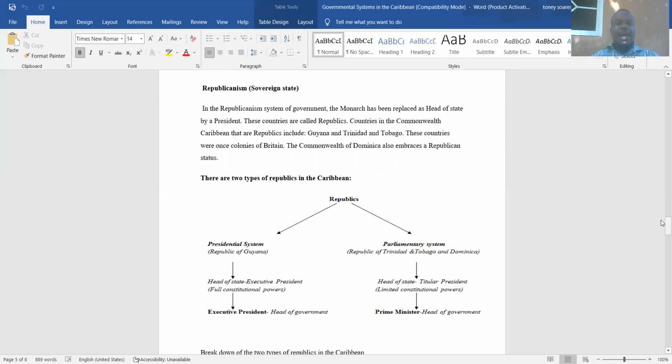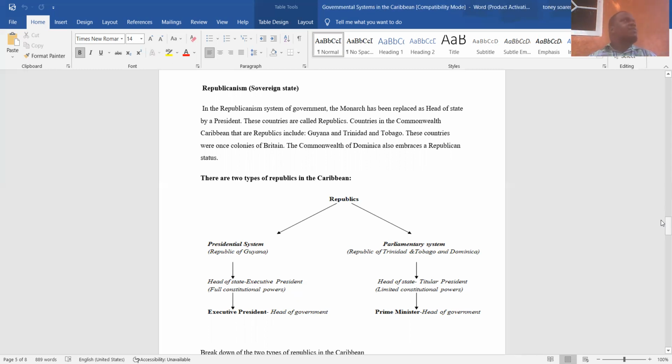Countries in the Commonwealth Caribbean that are republics include Guyana and Trinidad and Tobago. These countries were once colonies of Britain. The Commonwealth of Dominica also embraces a republican status, right? This information is old, but recently, a couple of days ago, Barbados has also become a republic.